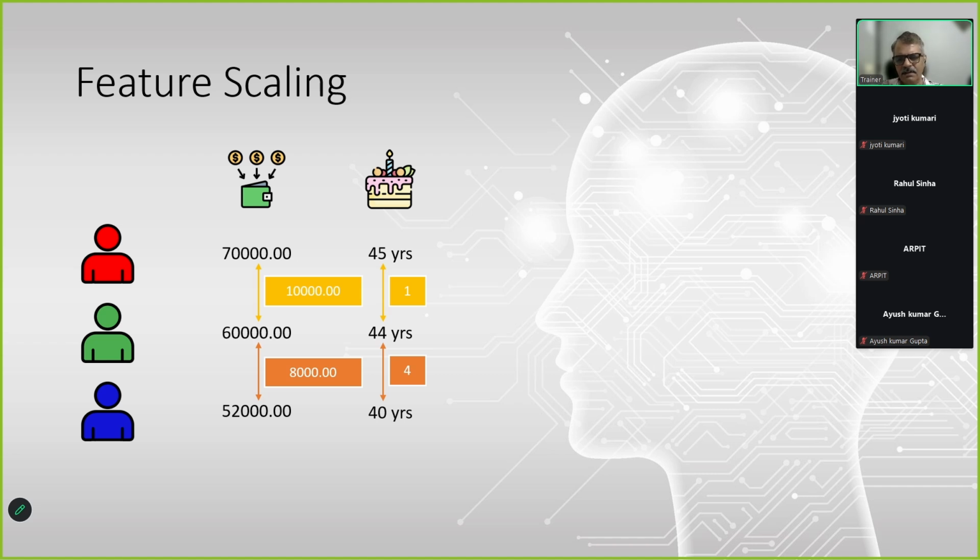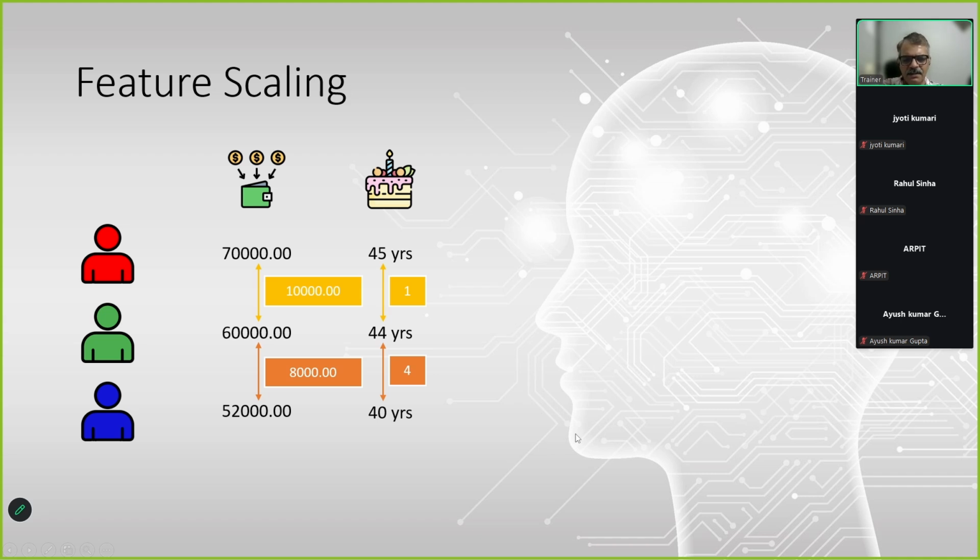Now what can happen with unscaled features, as we see here, is that the unit values of one column can be so much larger than the unit values of the other that it might overpower it. Here 70,000 is overpowering 45, 60,000 is overpowering 44 and 52,000 is overpowering 40.